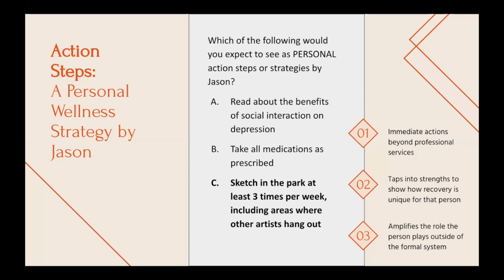But let's look at why we've thrown out A and B. So A may be something that we're going to get him to do, but he already seems pretty motivated to want more social interaction. And although he's got the diagnosis, the history of depressive episodes, we don't know that he's experiencing depression right now. So that kind of seems like a throwaway assignment, right?